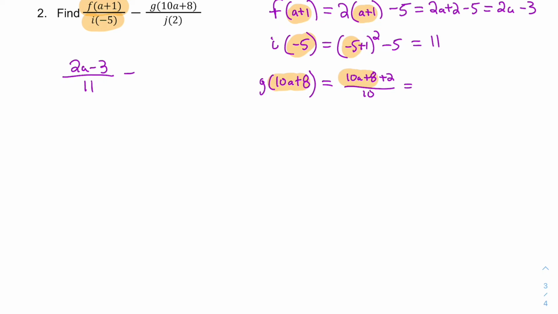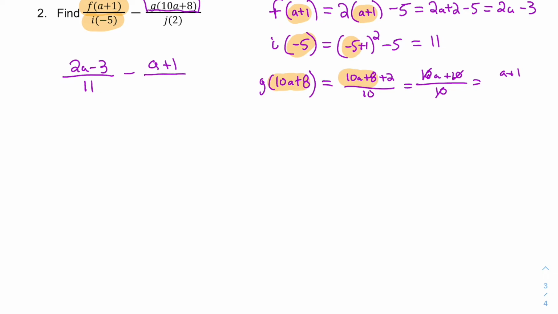Well, in the numerator, 8 plus 2 is just 10, so I get 10a plus 10 over 10. And now every term in my numerator and denominator has a common factor of 10, so I can cancel out the 10s, and I'm left with a plus 1 over 1, or just a plus 1. So on my numerator, I get a plus 1 when evaluating g of 10a plus 8.